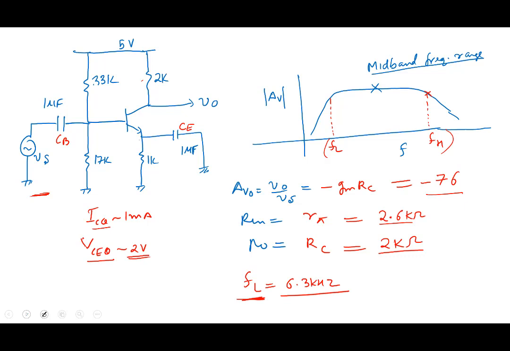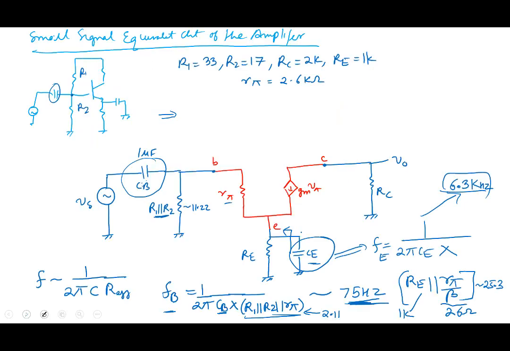In the upper cutoff frequency analysis, the small signal equivalent circuit which we built was for low frequency. For the mid frequency, we would have shorted this and shorted that, and you would have obtained the mid frequency circuit.